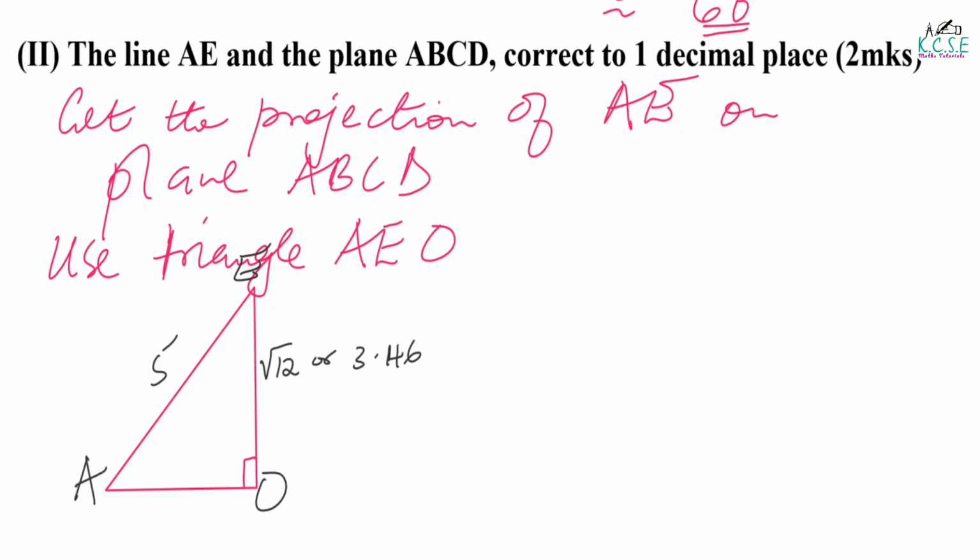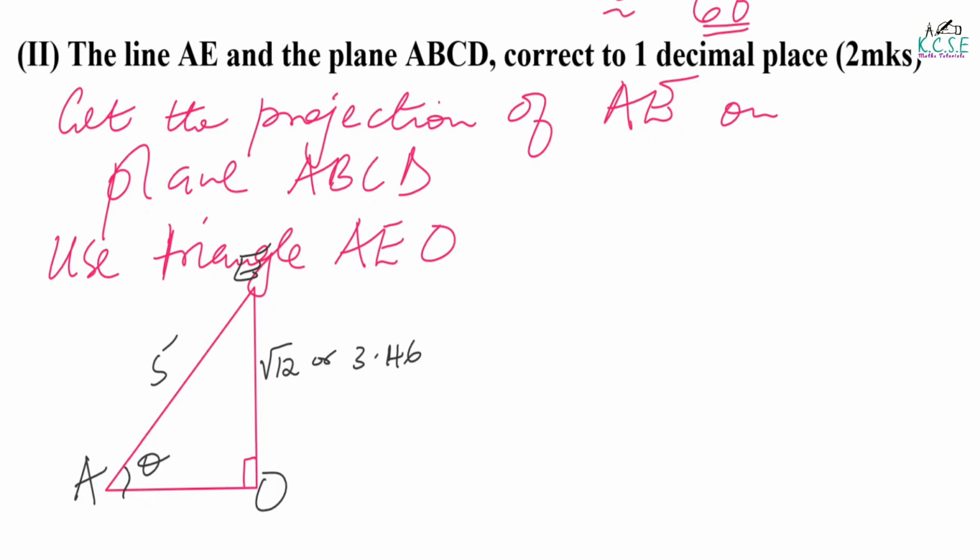Now having that, we can get this angle. This is now the angle between that line AE and the plane ABCD. So simply get the angle between that line and its projection, and that is the angle.